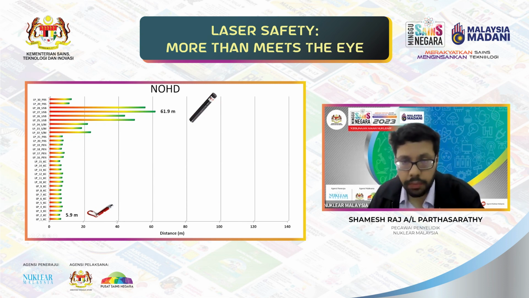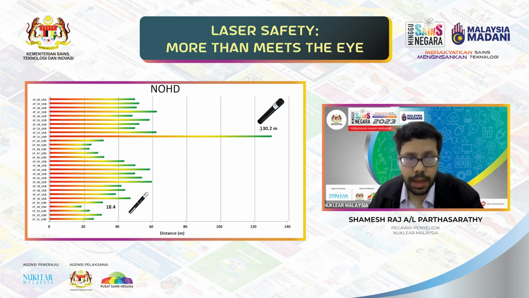But then we also have the highest power USB laser, whereby the NOHD of this particular laser is at 130.2 meters, meaning that the laser could only be safe to be viewed directly after this distance. So imagine how far the laser could go.